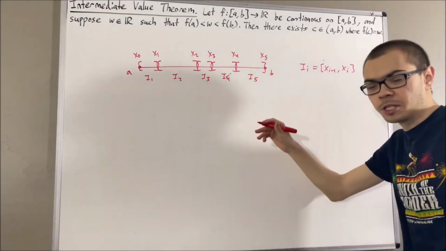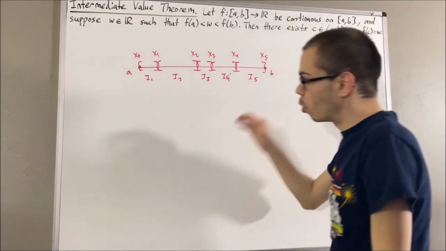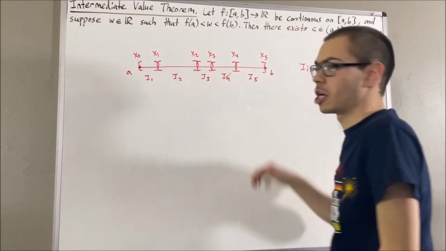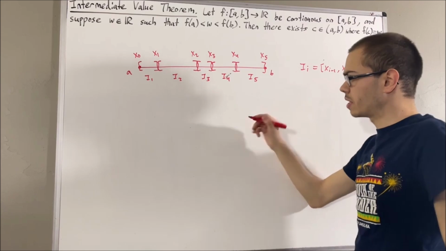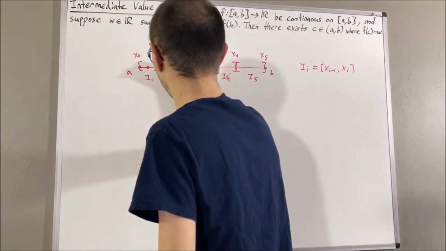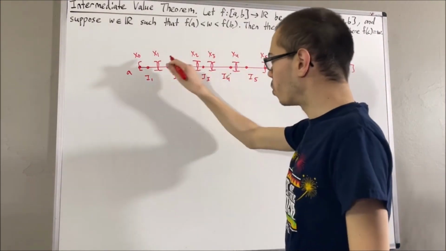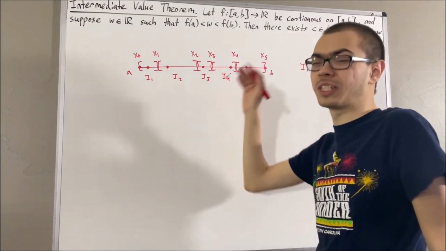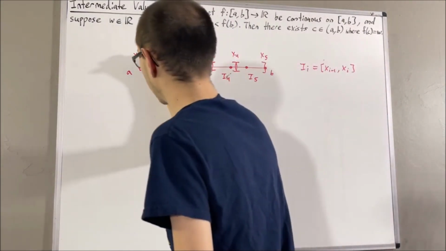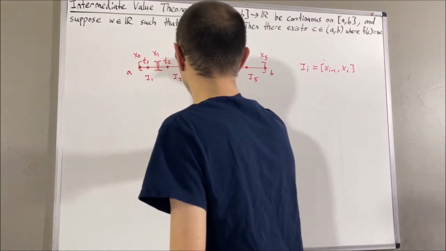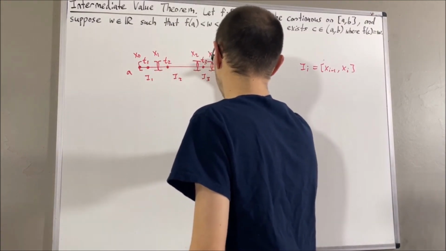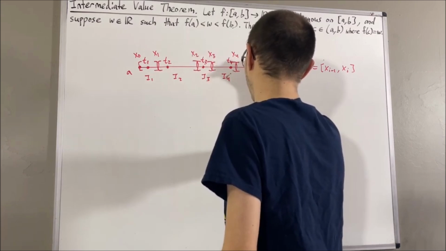Now a tagged partition is when we select a point from each of these subintervals. And let's say that the points that we select are these. Each of the points that we select are what we call tags. And we might label the tags t1, t2, t3, t4, and t5.